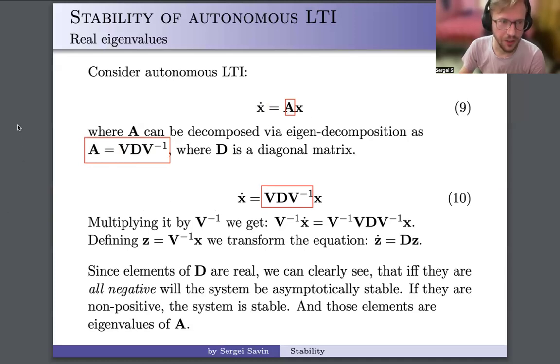Now we can do a trick: we multiply both sides by V inverse. So we would have V inverse here, V inverse here. Here's the result. We multiply by V inverse on both sides, and we notice that V inverse times V is identity. So this part goes away.